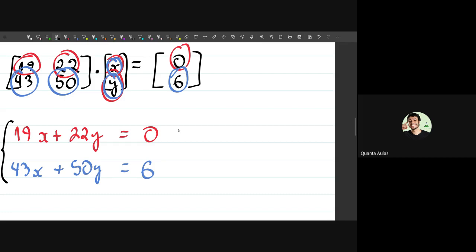We can do the next step. We can isolate x in the first equation, for example. If we isolate x, we will have 22y minus, because we need to transfer the number to another side, right?